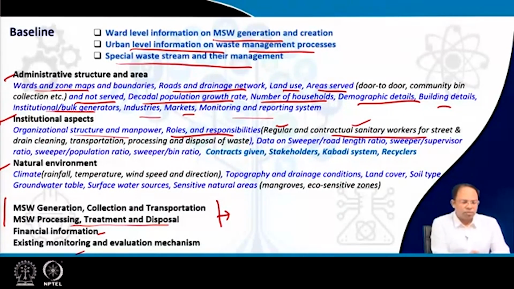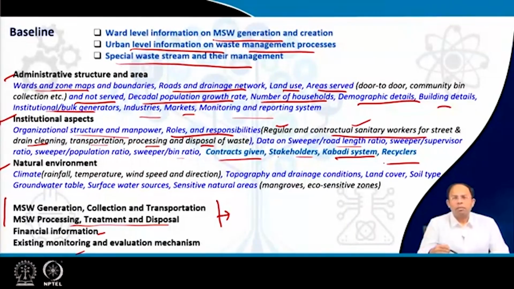This data has to be collected for drain cleaning, transportation, processing, and disposal of solid waste. Data on sweeper per road length ratio, sweeper per supervisor ratio, sweeper per population ratio, sweeper per bin ratio, what contracts have been given, who the stakeholders are, the kabadi system in that particular city, and who the recyclers available in that urban area are.